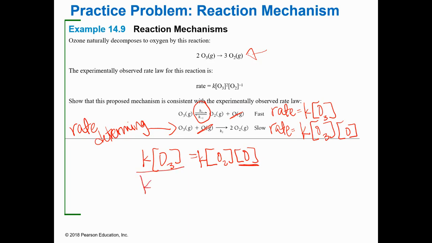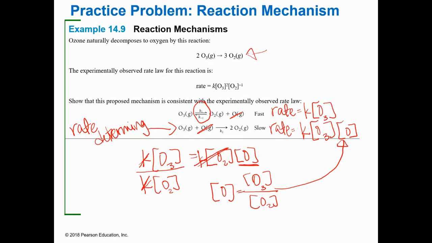So I'm going to divide by K and then O2, and my K's are going to cancel. So for O, I can replace that with O3 divided by O2. Since this can go in there and substitute, that means my rate is equal to K times O3 squared divided by O2, which is the same as this. So this is a valid mechanism.